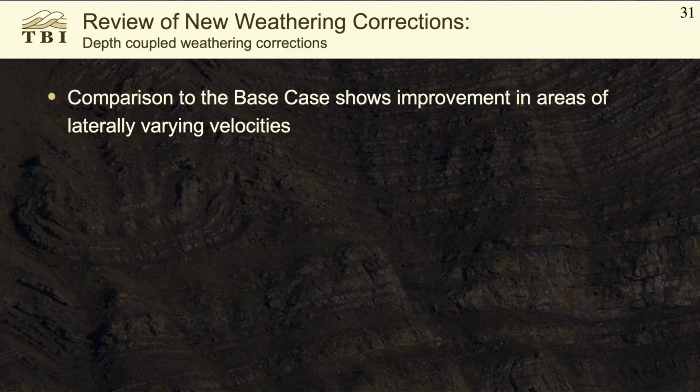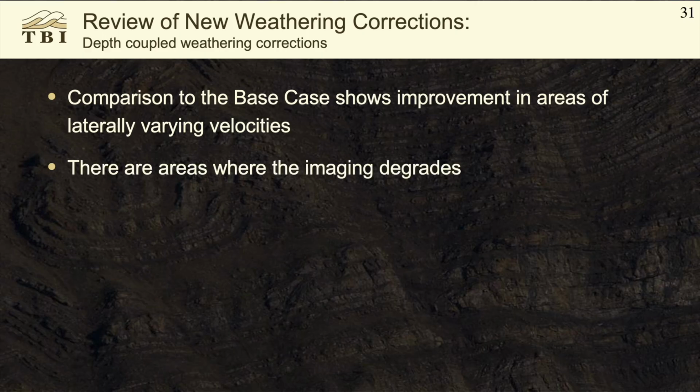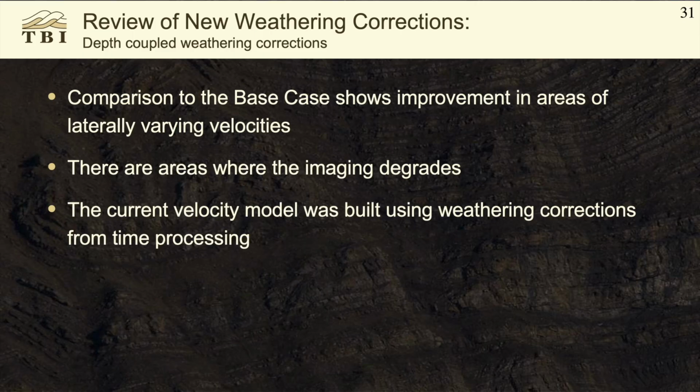So our comparison to the base case shows improvements in areas of laterally varying velocities. However, there are still some areas where the imaging degrades, and I didn't highlight those areas on the previous slides. The reason this is happening is because the current velocity model was built using the weathering corrections from our time processing.